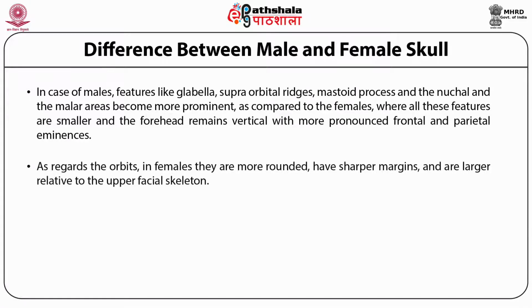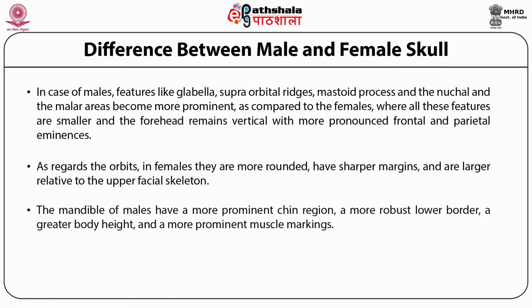As regards the orbits, in females they are more rounded, have sharper margins, and are larger relative to the upper facial skeleton. The mandible of males has a more prominent chin region, a more robust lower border, a greater body height, and more prominent muscle markings.